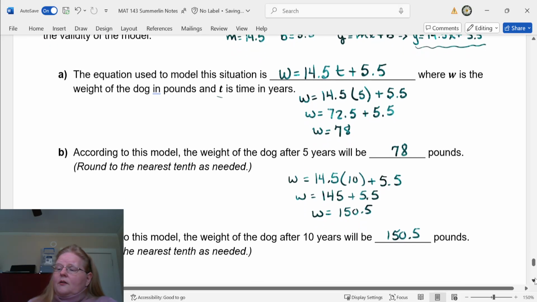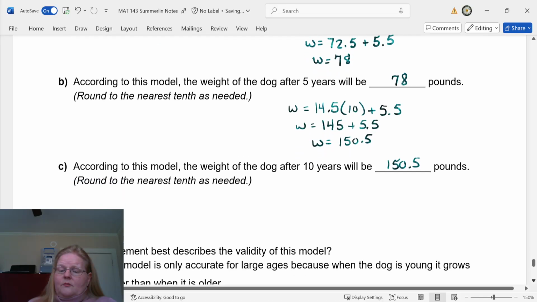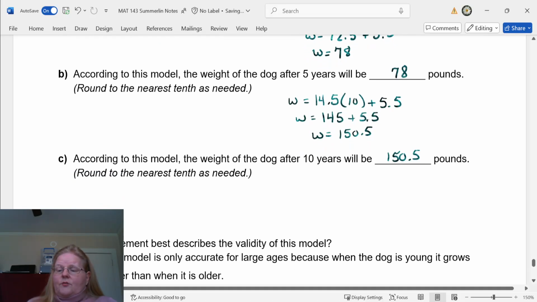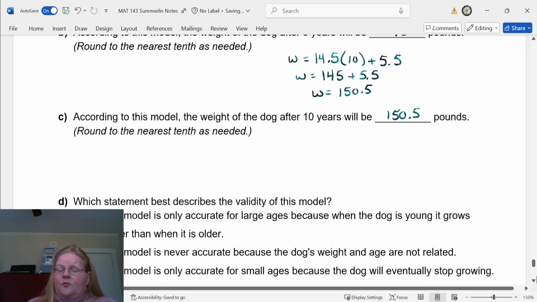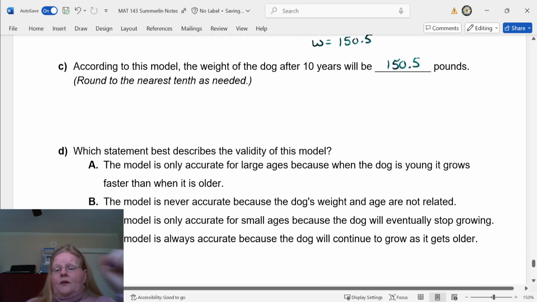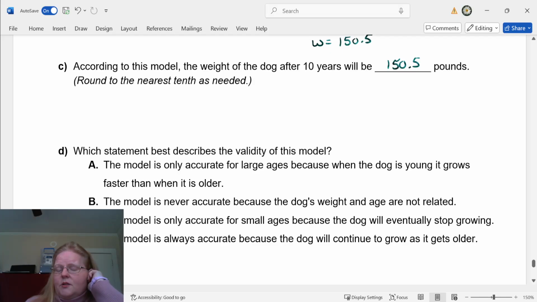That dog ballooned up, didn't he? Which statement best describes the validity of this model? The model is only accurate for large ages because when the dog is young, it grows faster than when it's older.